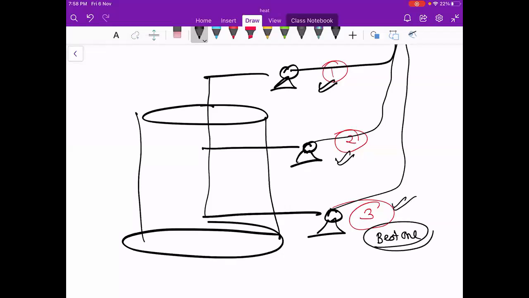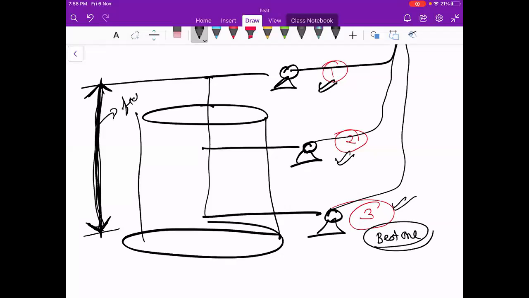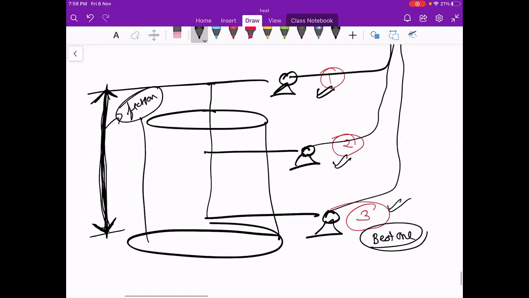Why is the third position the best one? Suppose I'm talking about the first position. In the first position, the fluid has to travel this amount of distance. During this travel, due to friction, the fluid temperature may increase.